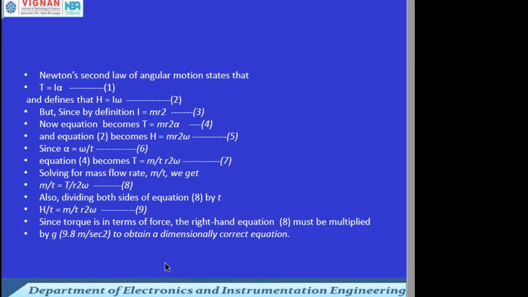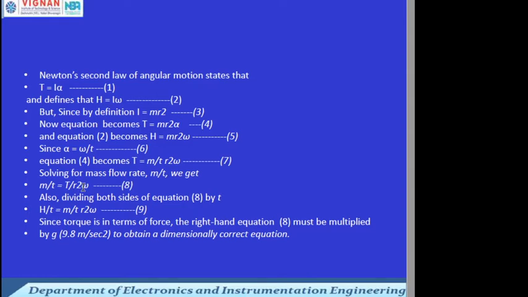From the above equation, T is equal to m r square alpha, which becomes h is equal to m r square omega, but alpha is equal to omega by t. By modifying this, finally you get T is equal to m by t r square omega. If you simplify this equation 7, you get m by t is equal to T by r square omega.